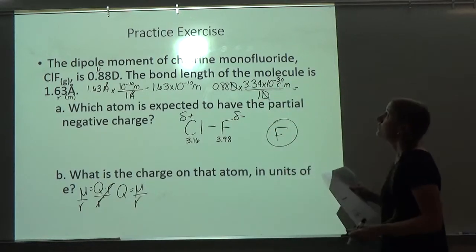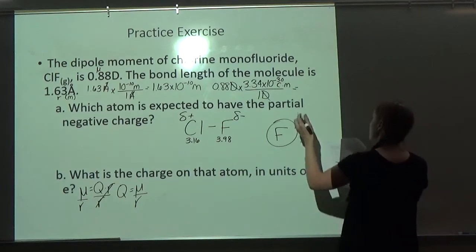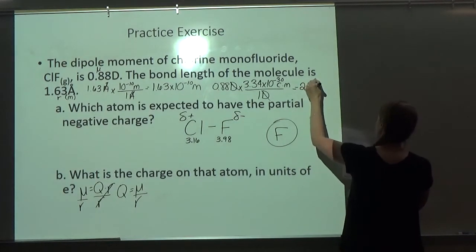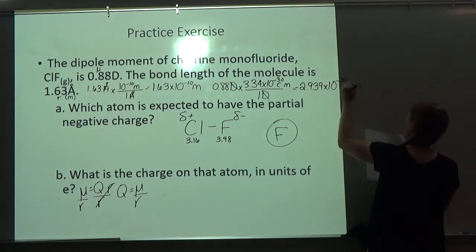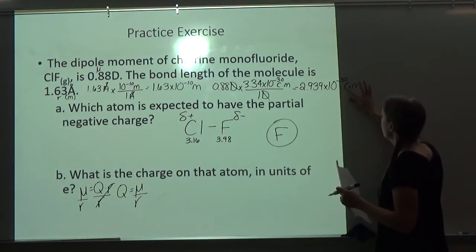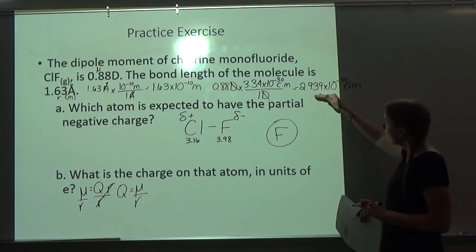Okay, so it's 3.34 times 10 to the negative 30 coulomb meters, and so once I multiply those two numbers, I get 2.939 times 10 to the negative 30 coulomb meters. Look, that's a times right there. Sorry about that.